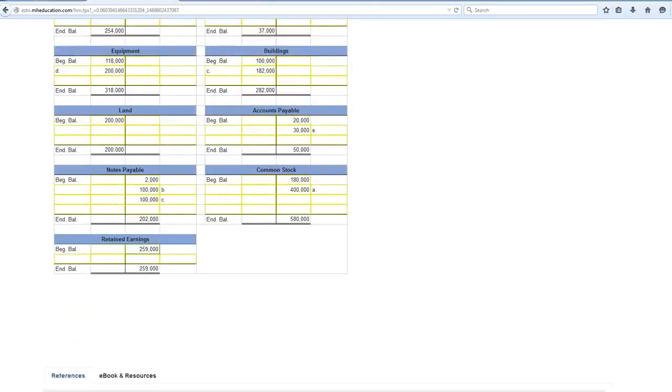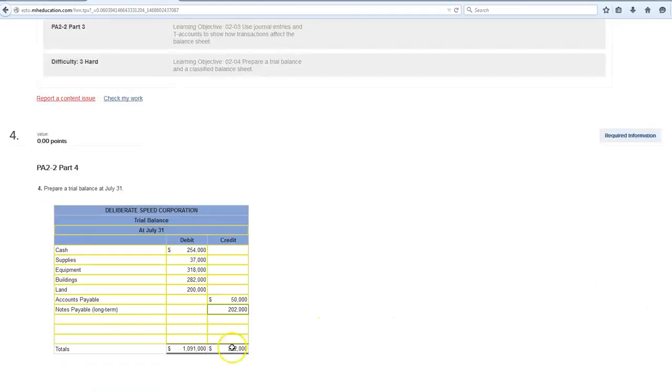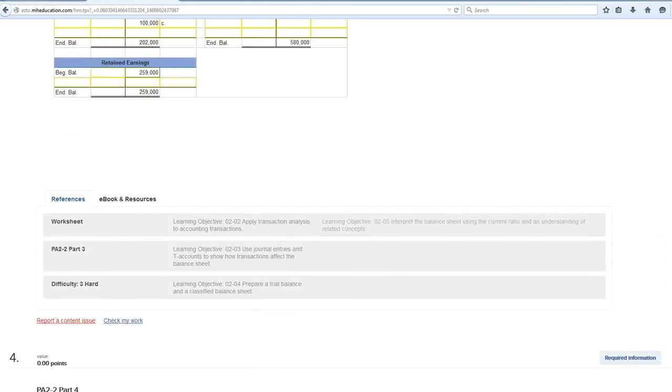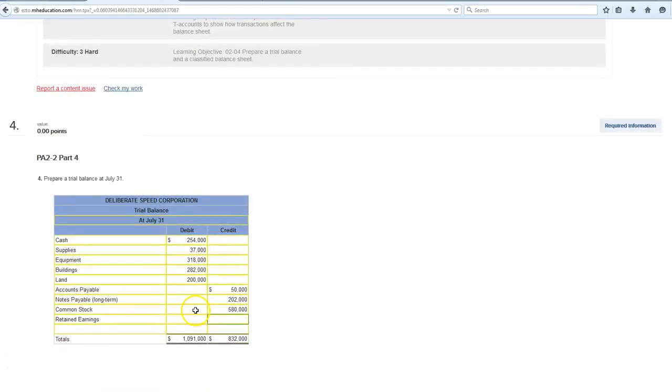Common stock, $580,000 credit balance. And then finally retained earnings, and that has a credit balance of $259,000.